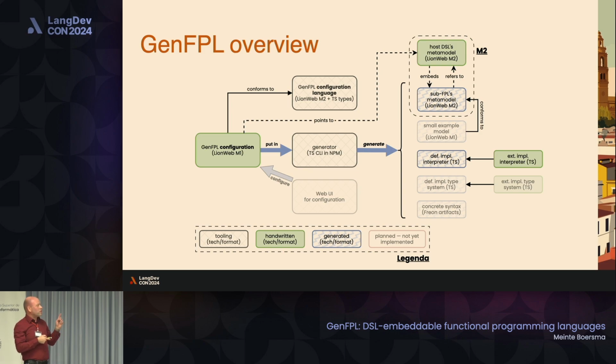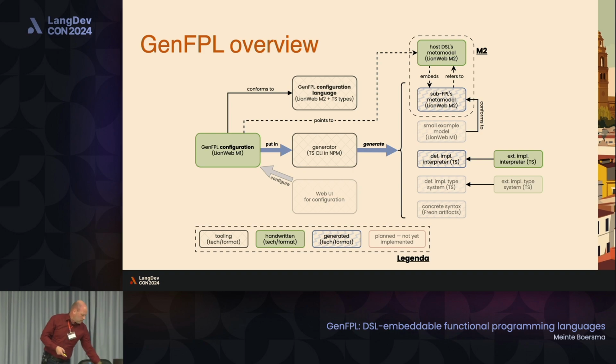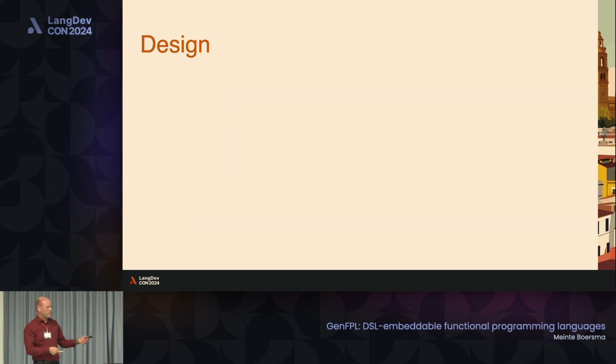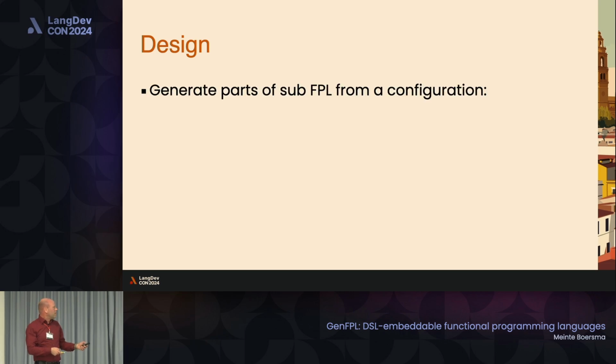At least I intended to until Johannes' talk yesterday, because now I'm thinking I had better hook up type here, and I certainly see possibilities there. And I also want to do some integration with Freon, specifically for generating a concrete syntax. Okay, got this? Oh, of course, it's powered by LionWeb.